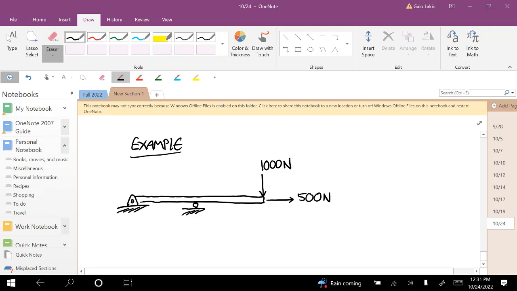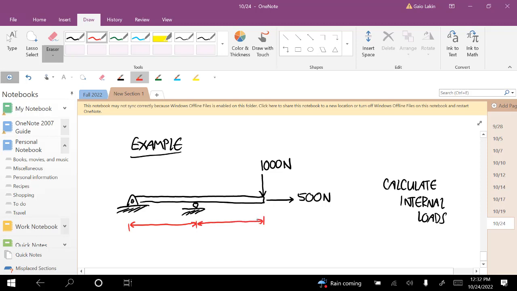And we want to calculate the internal loads. This thing has a length of 2 meters. So it's 1 meter to there and 1 meter to here.